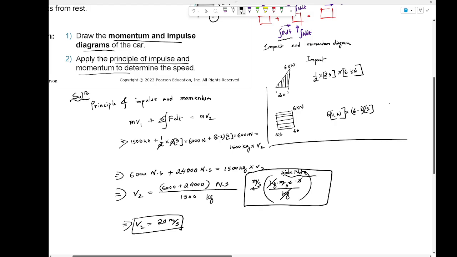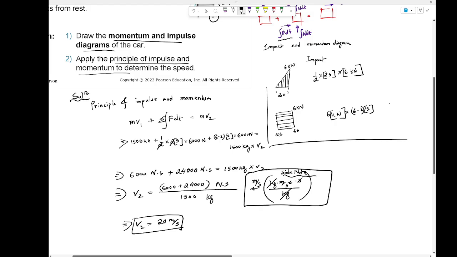Does anyone have any questions? So again, to give you an overview of the whole thing, what is happening here? The car has a traction force, and the force-time history was given, right? It has an initial ramp up from 0 to 6 kilonewtons over 0 to 2 seconds, and then 6 kilonewtons continuous.